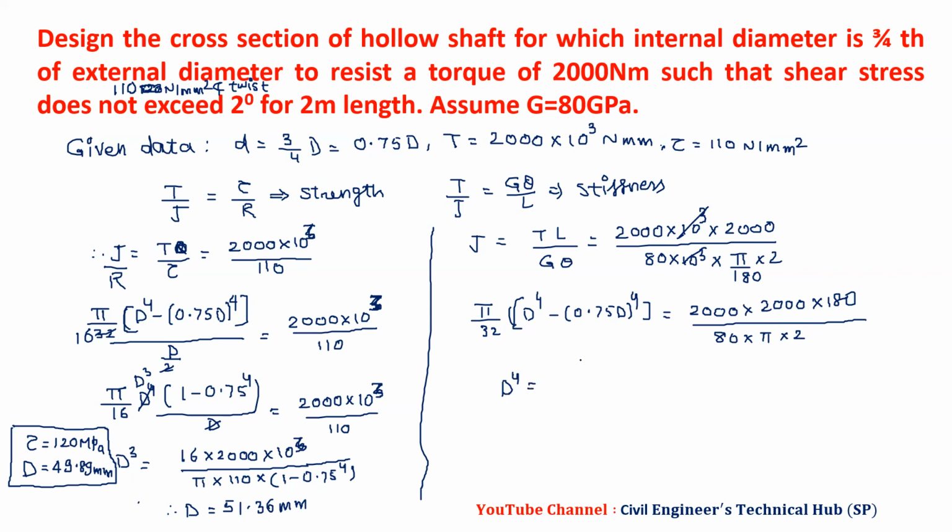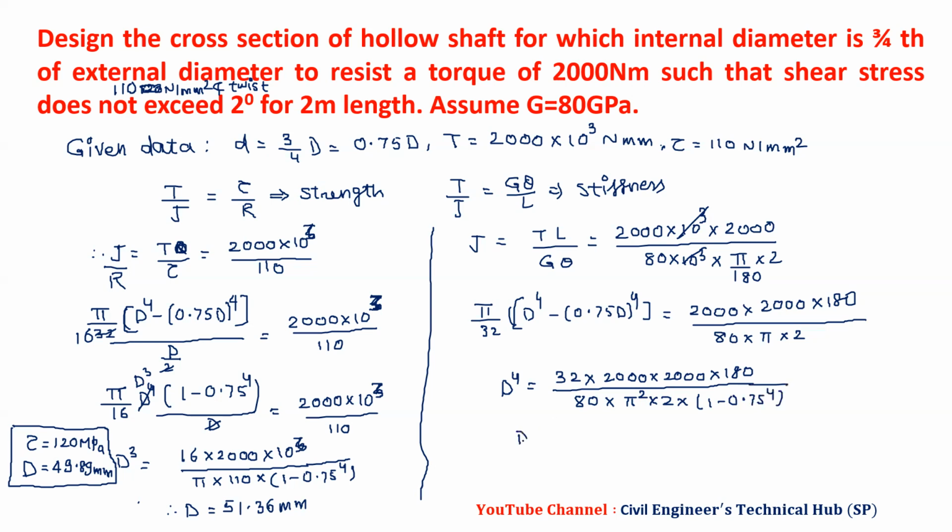So we have 32 into 2000 into 2000 into 180 divided by, now this pi becomes pi square, 80 into pi square into 2 into 1 minus 0.75 to the power 4.